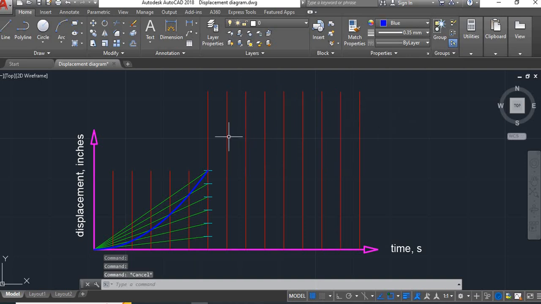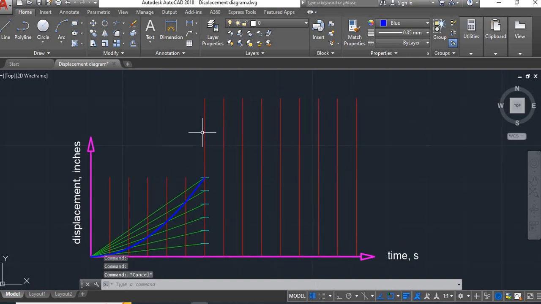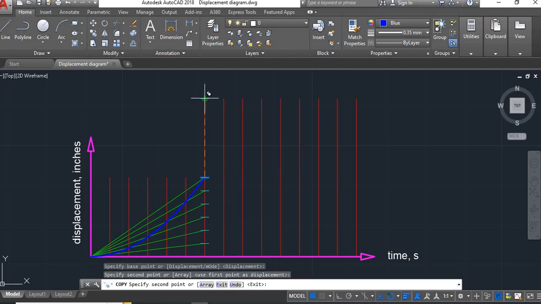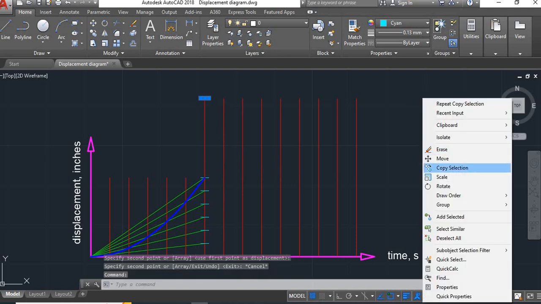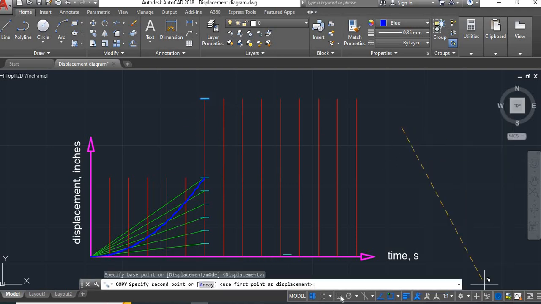Okay, now we are going to divide this line into 8. So we copy this one. Then we copy here.